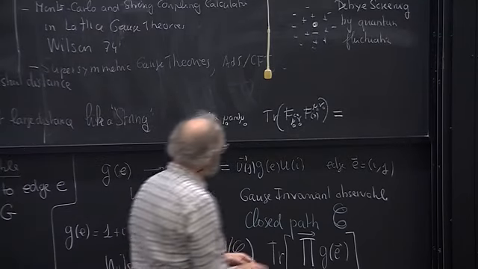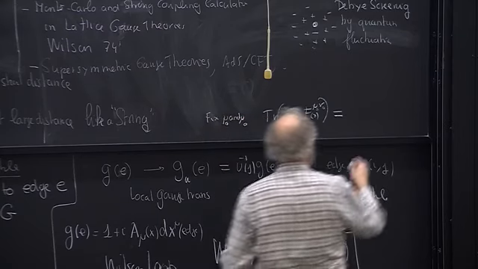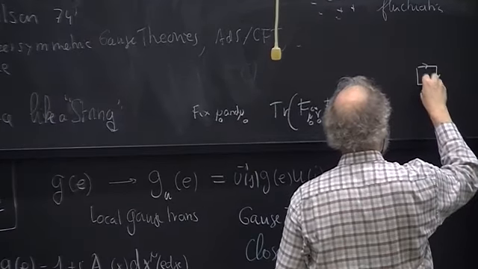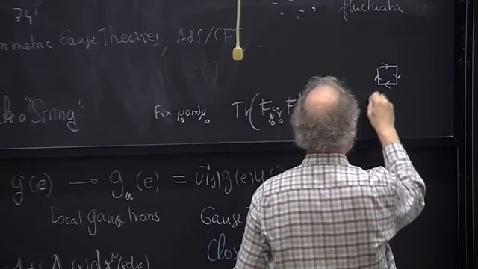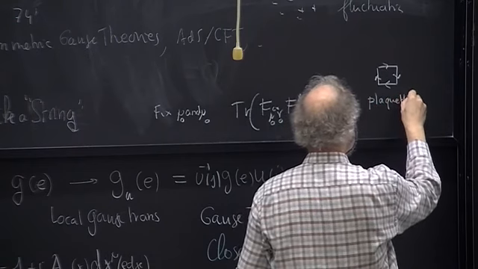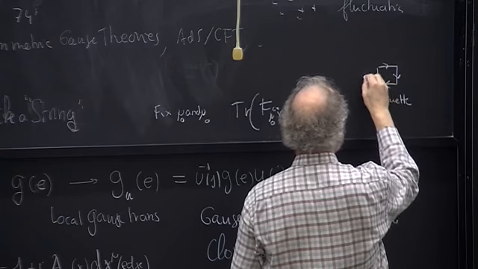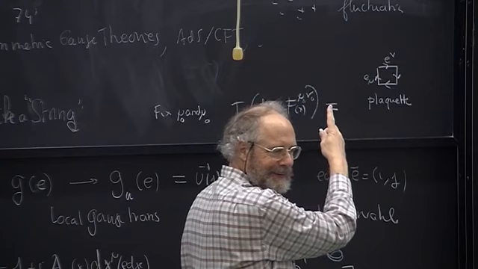Well, this corresponds to taking a Wilson loop, which is just a single plaquette, where this goes in the direction mu. This is E mu, and this is E nu, the unit vectors.